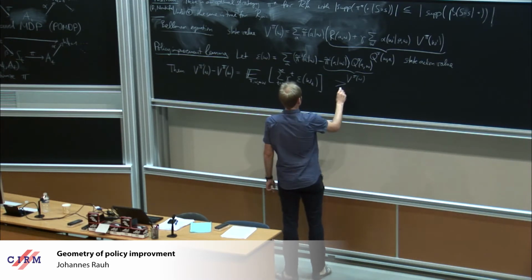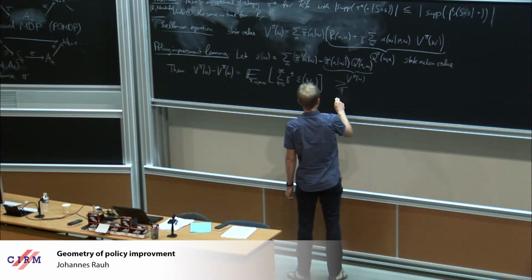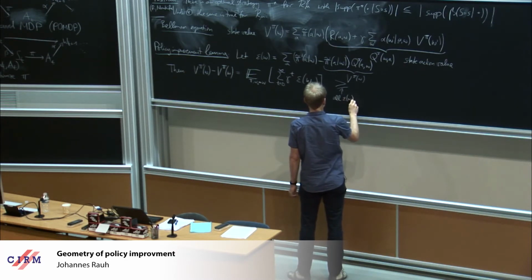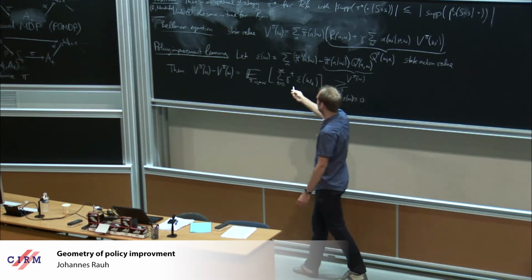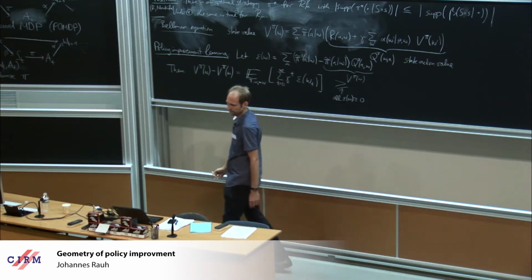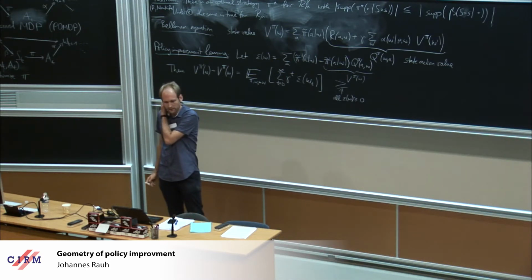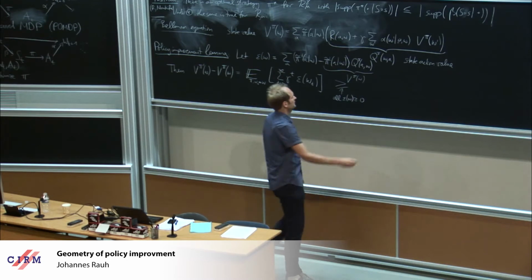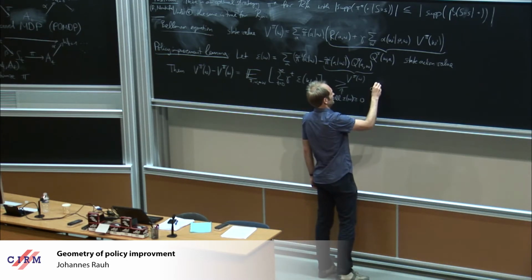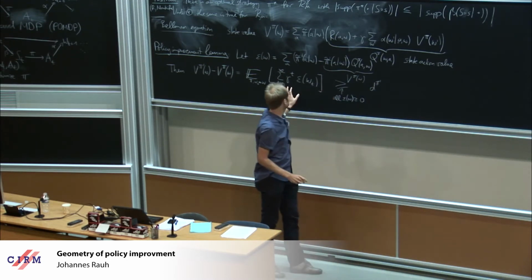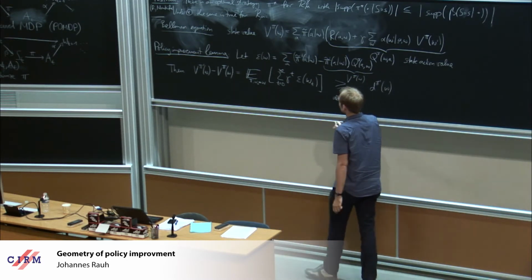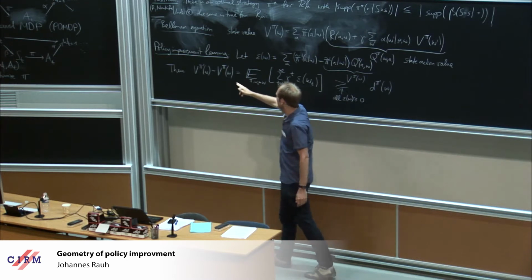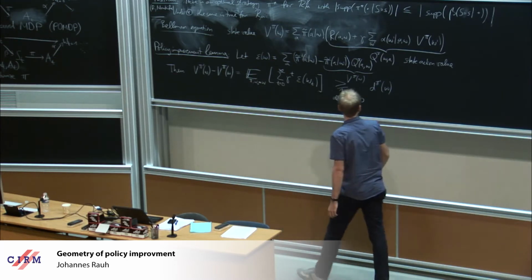Well, if all of the epsilons are non-negative, then this is a sum of positive terms. And then what one can do is collect all terms that involve the omega here.